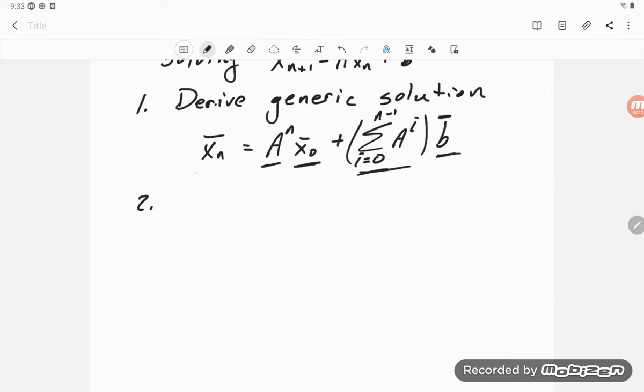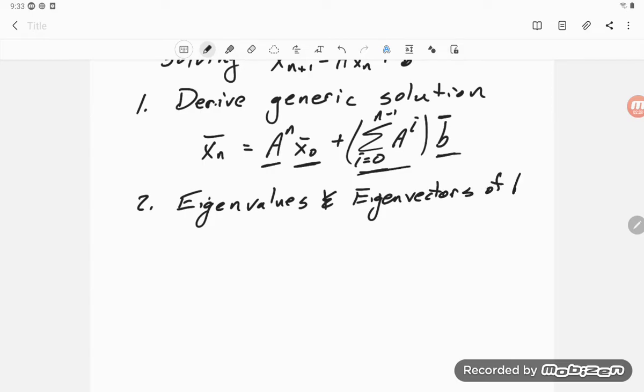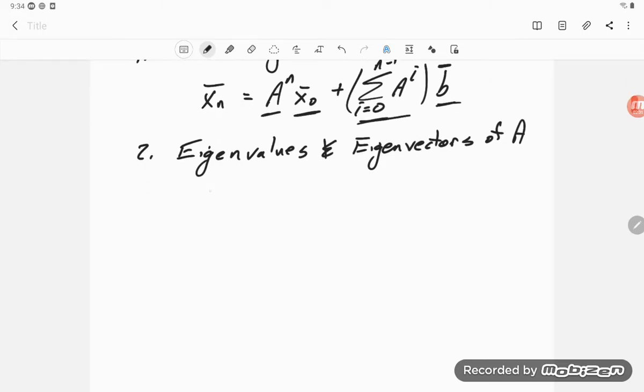So our second step then is to see, is it diagonalizable? We get our eigenvalues and eigenvectors of A, and from that we'll get some lambda 1 and a corresponding x1, we better call it e1 because we've got a bunch of x sub stuff going around here.